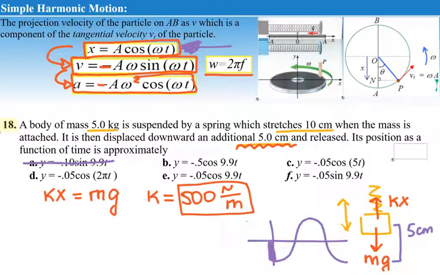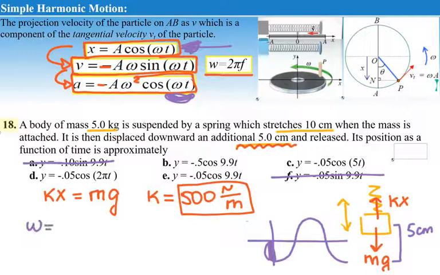So the amplitude is -5, and all of them have amplitude -5. Now I have to figure out what's inside omega t. And I also see that this one is cosine, and that one has sine. So I can cross that one out, because maximum displacement only starts with a cosine. And then I have to figure out what omega is equal to and then plug it in.